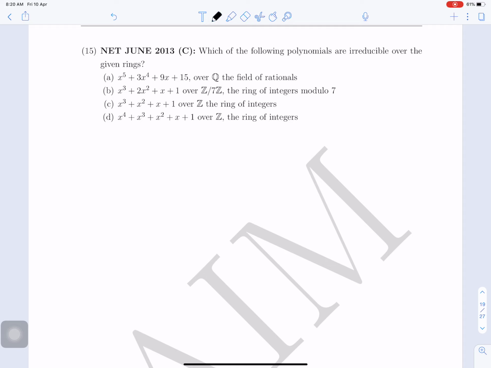So again the problem is about irreducibility. In options A, B, C, D: option A is over Q, in B it is over Z quotient 7Z, which is equal to Z7, and in C and D it is over the ring of integers Z.